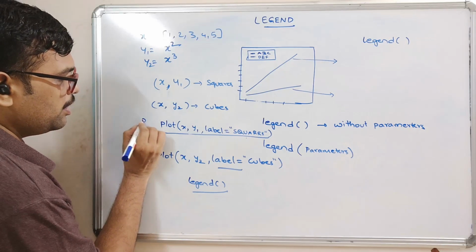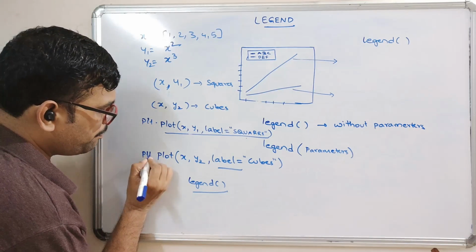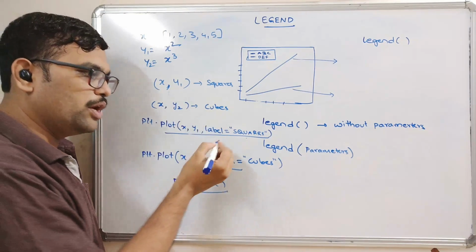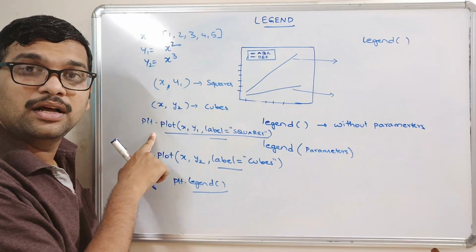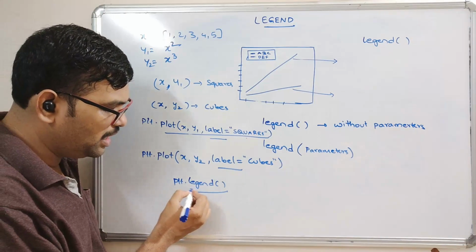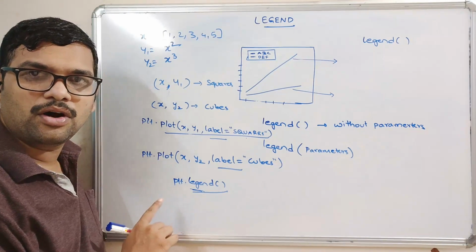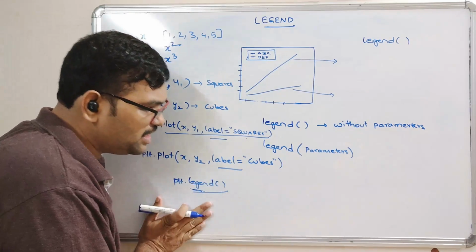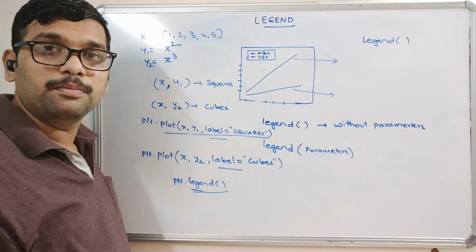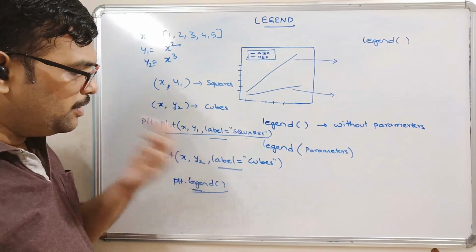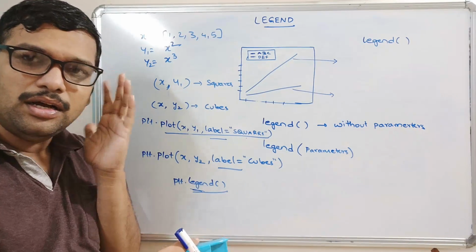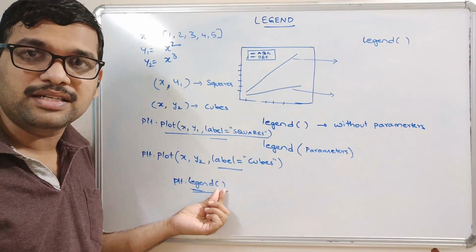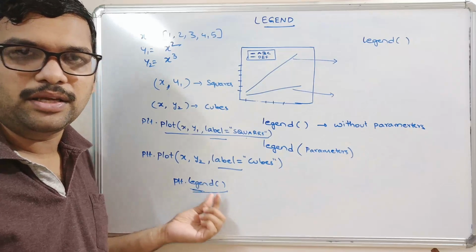So here I have to use plt.plot, and similarly plt.legend. Even though you are using the label inside the plot function, you have to call the legend function. Unless you call it, the legend box will not be displayed. The one thing is, here we are not writing any labels or parameters inside the legend function.